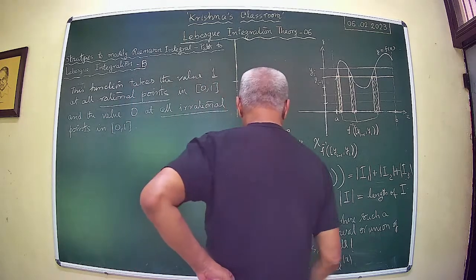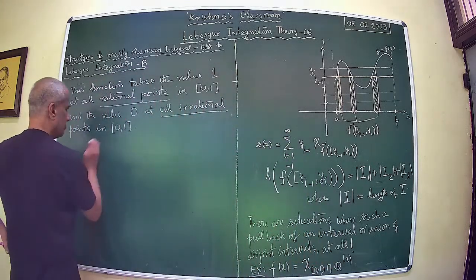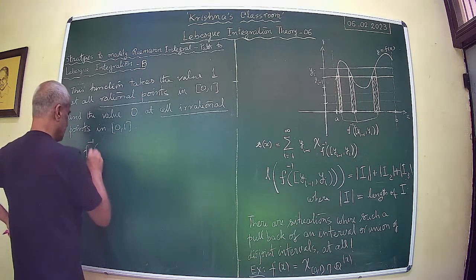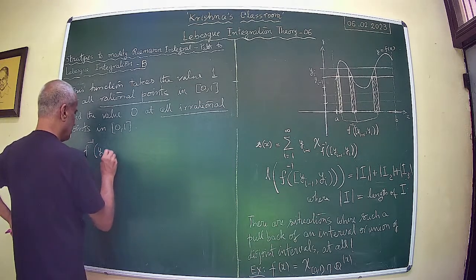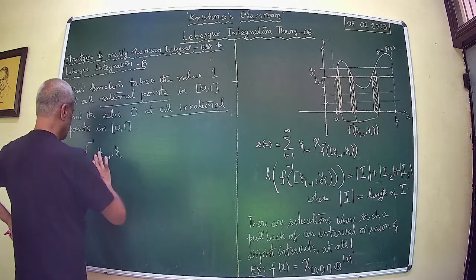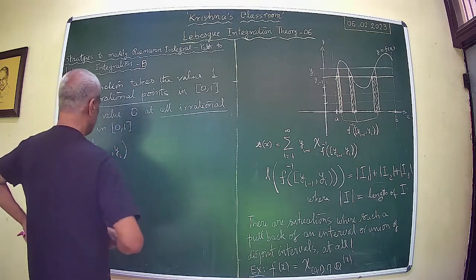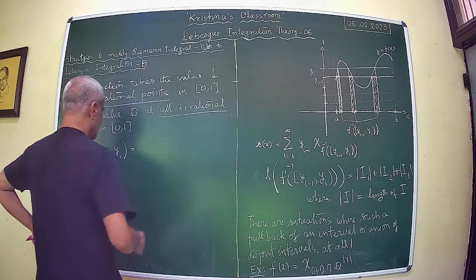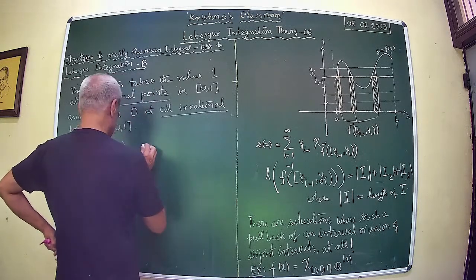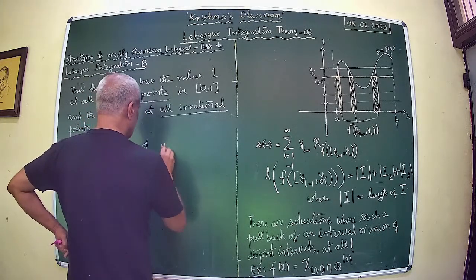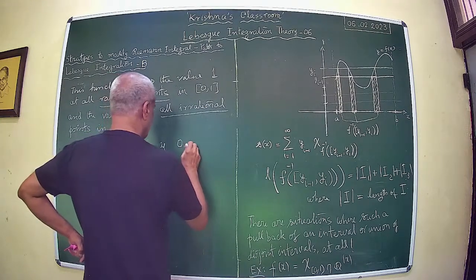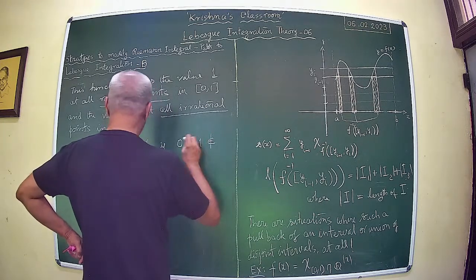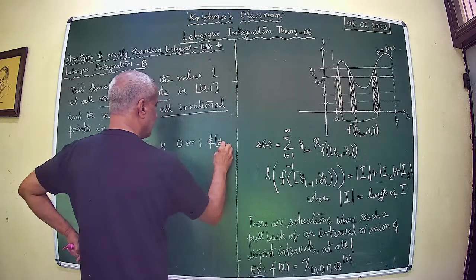So you see that this is what you get: F inverse of the interval yi minus 1, yi is equal to empty if 0 or 1 does not belong to yi minus 1, yi.